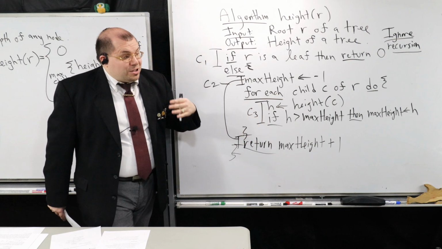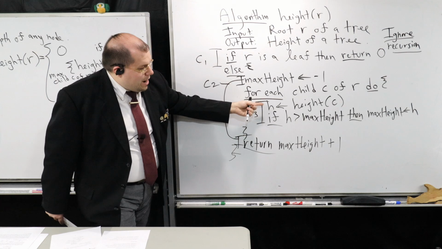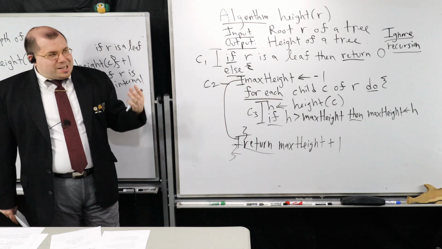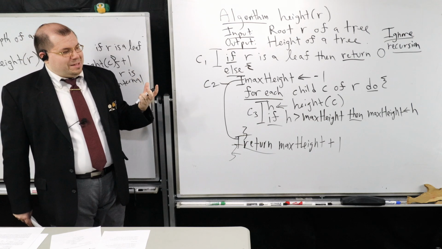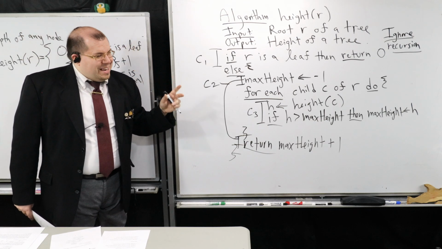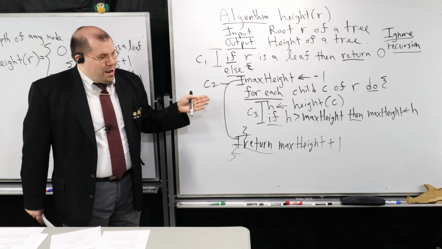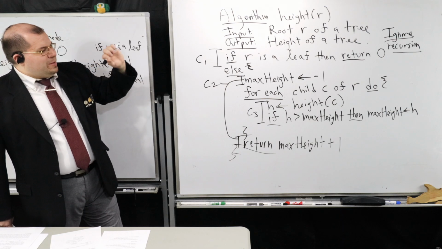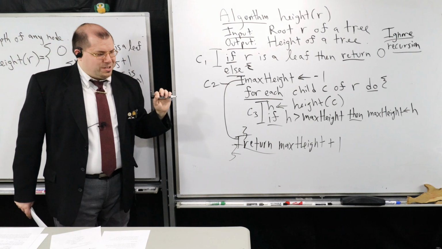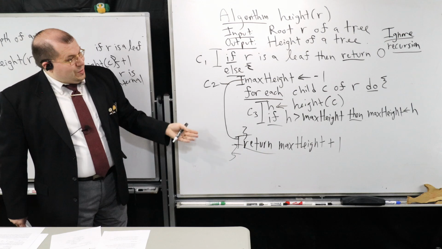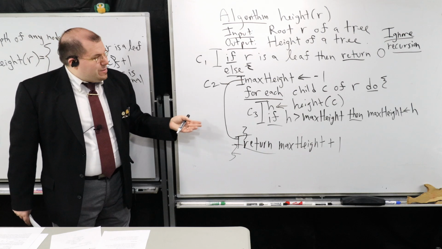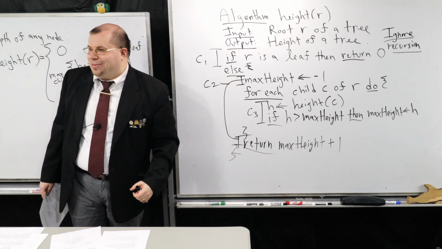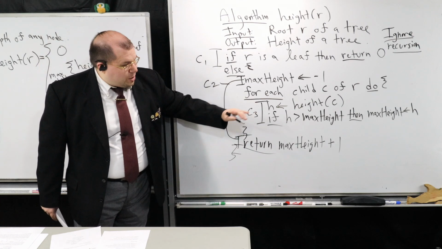So regardless of what the tree looks like, I'm still going to compute height on each one of the children. So the worst case analysis isn't going to be interesting to really consider as something very special. In this case, it's just going to execute the same way regardless. I want to make sure I mention that, because usually when I do worst case analysis, I identify some worst case scenario. Here, notice that there is no branching behavior other than when I hit a leaf versus what isn't a leaf, an internal node. I still do these recursive calls regardless.